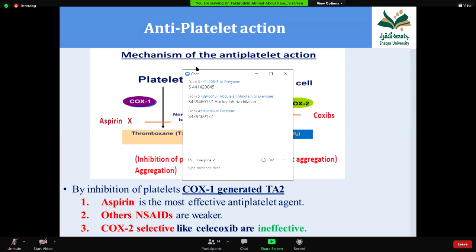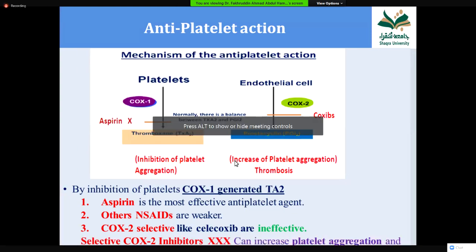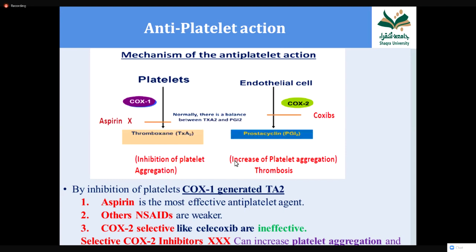Why? Because, as we have seen, it binds to COX-1 irreversibly, meaning its effect is for a longer duration until the new cyclooxygenase enzyme is generated. That's why it is better than the others. Others are all weak ones.